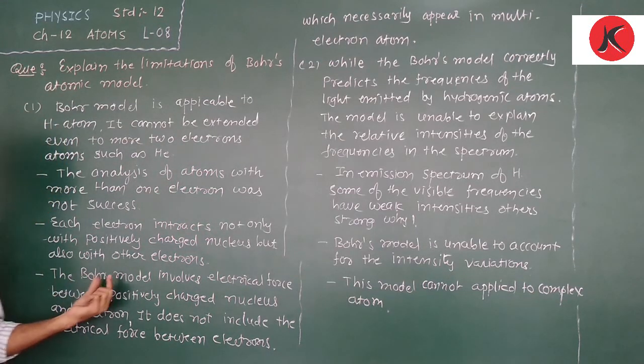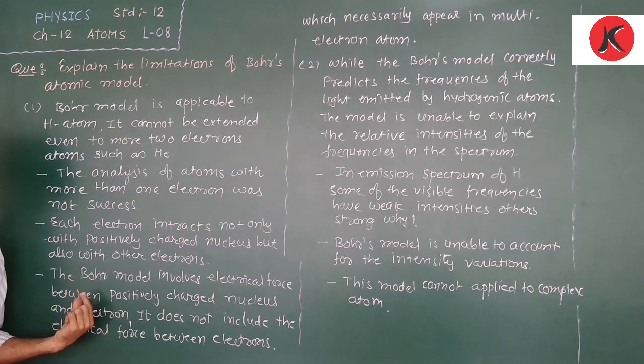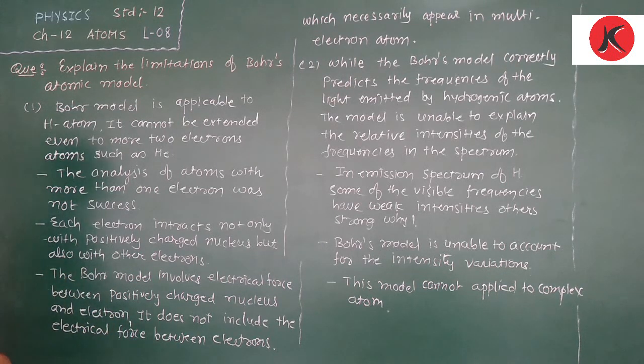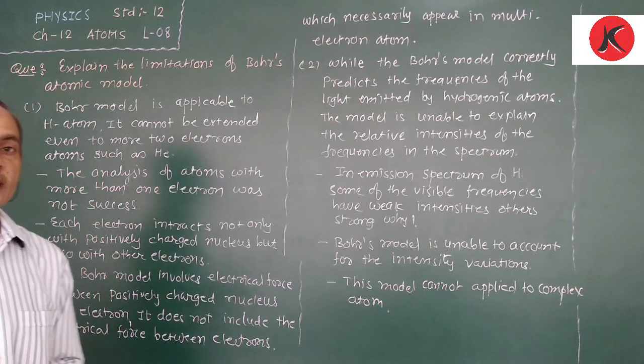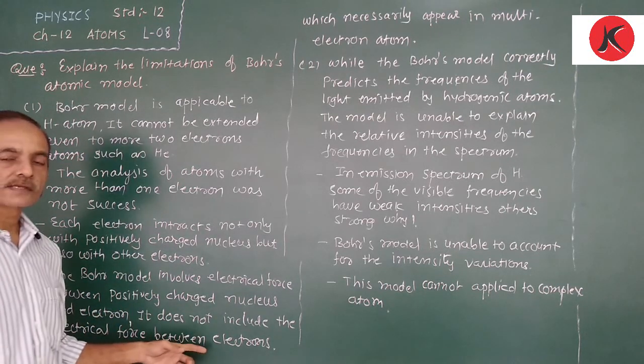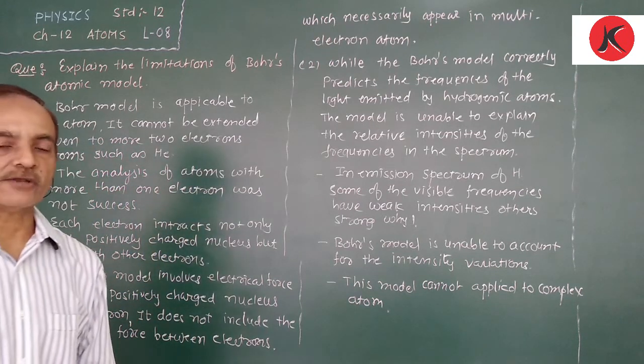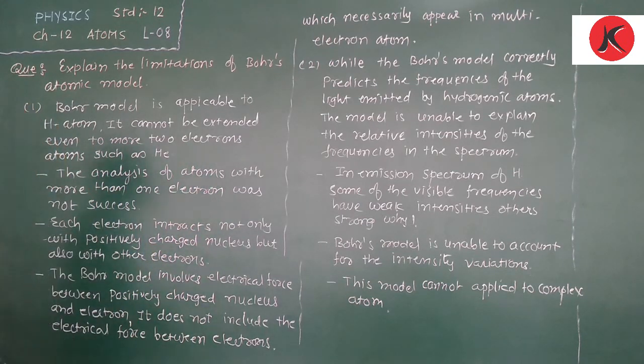Now, the Bohr model involves only the electrical force between the positively charged nucleus and electron. It does not include the electrical force between the electrons, which necessarily appears in a multi-electron atom.